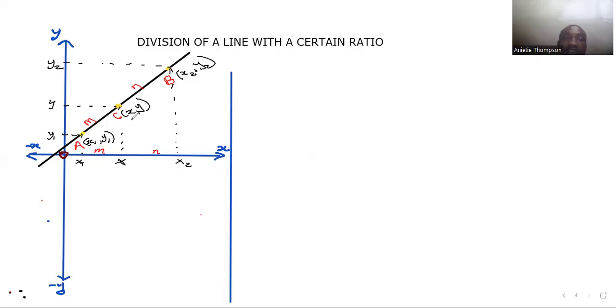So the inclination of these points with the x-axis is the same. That is the meaning of collinear. It simply means that all those 3 points are on the same line.